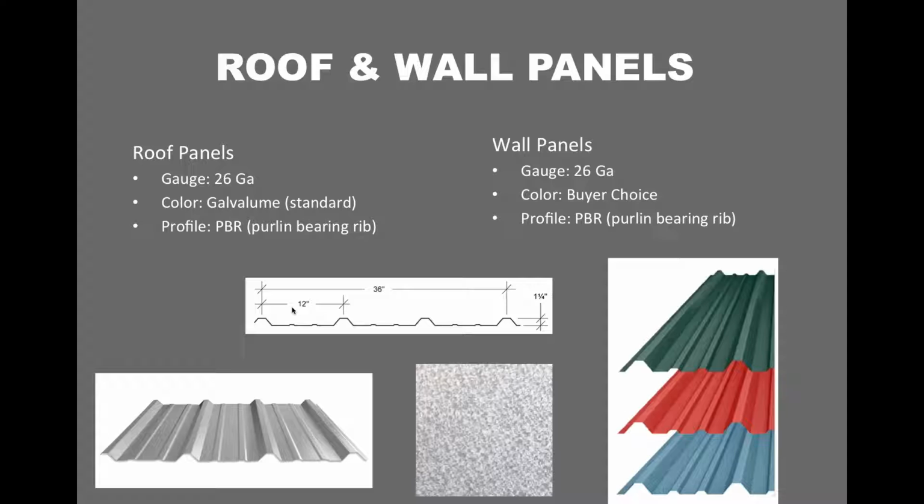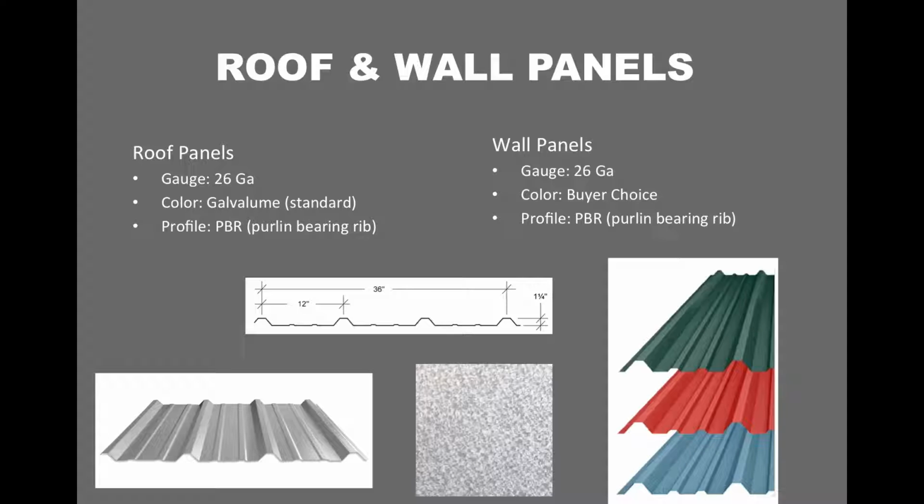Another important element to your roof and wall panels is the use of Galvalume. This swatch here in this box is Galvalume. Galvalume is generally used in the roof of metal buildings that have a low pitch.